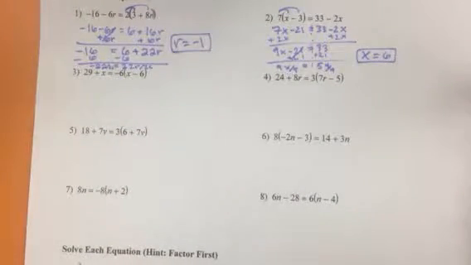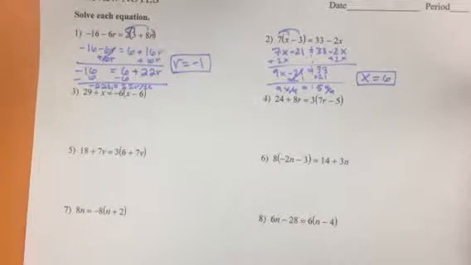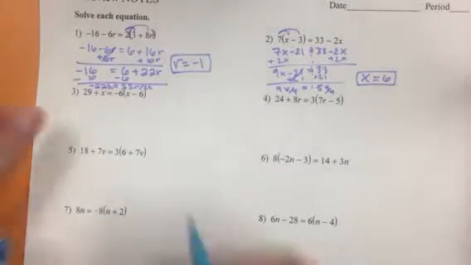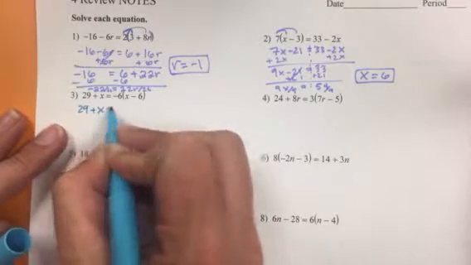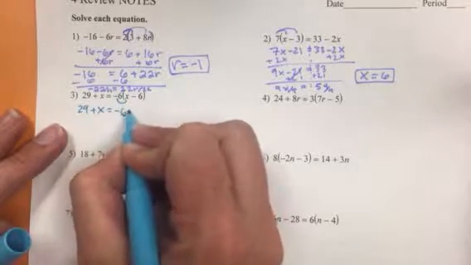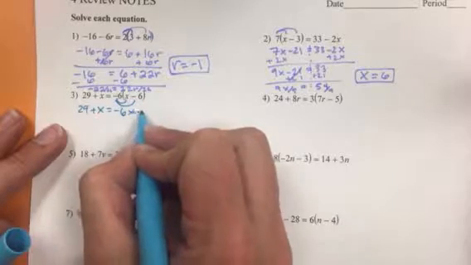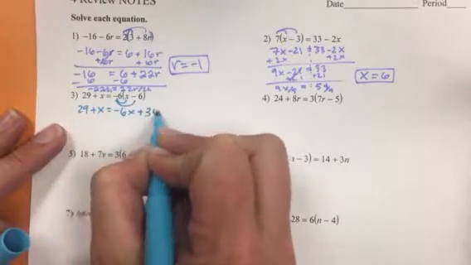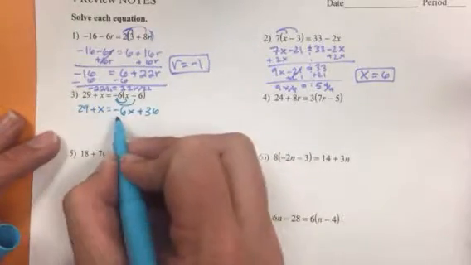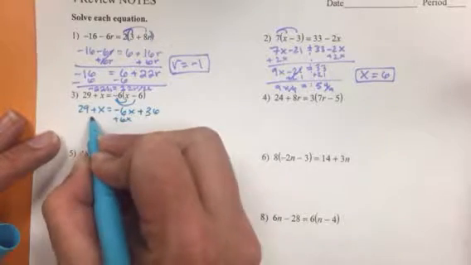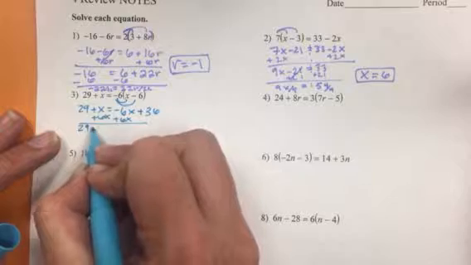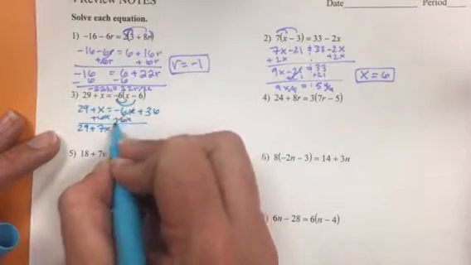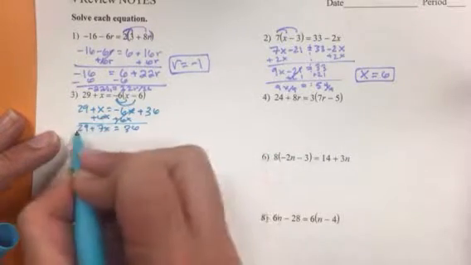Problem 3. I have parentheses on this side, so I have 29 plus x equals negative 6x. Two negatives make a positive 36. I'm going to add the 6x over. 29 plus 7x equals 36.